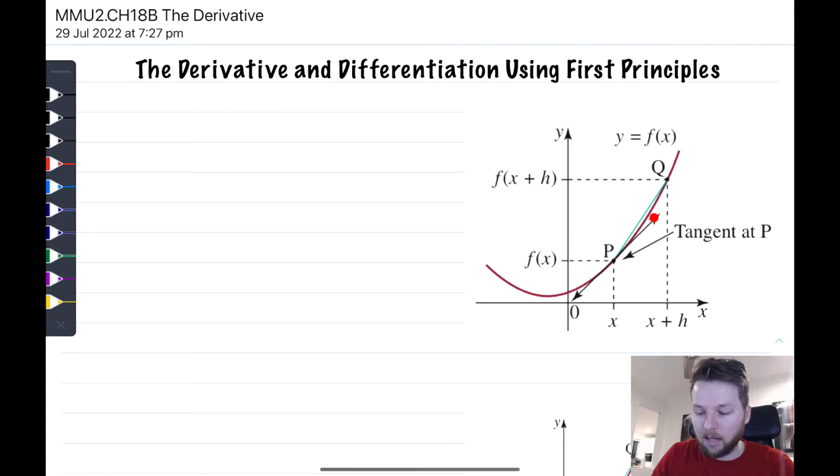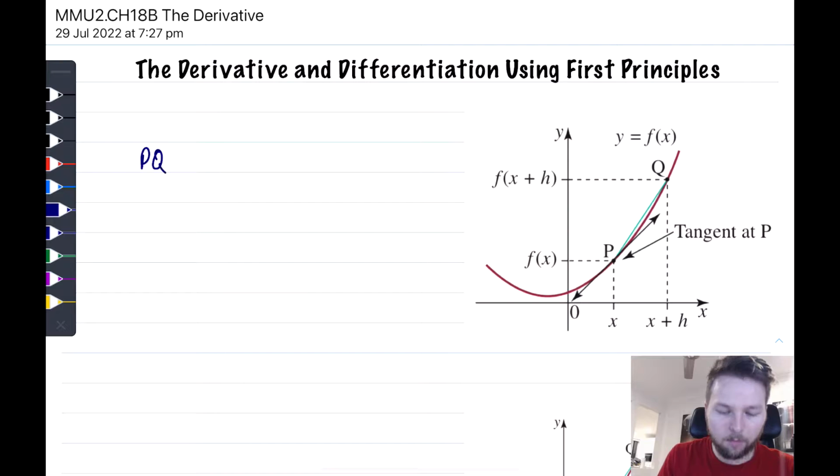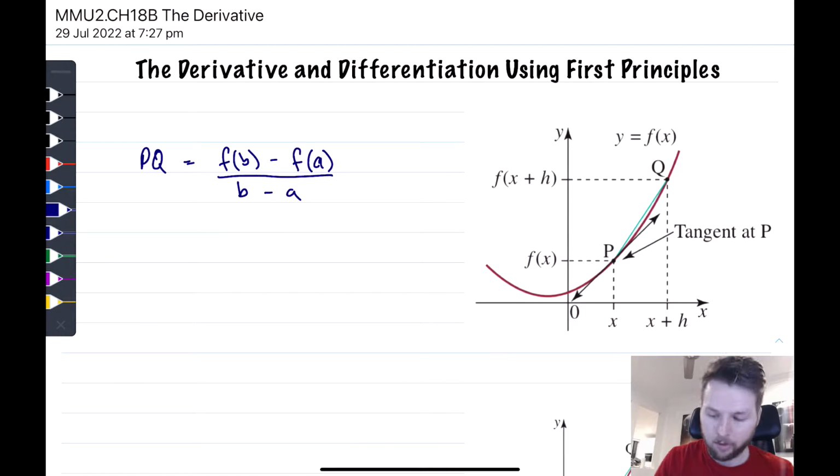The way we can do this, we did last lesson, we'll set it up again, is we can find the gradient PQ, and we're going to take the limit as h approaches 0. So that's going to be average rate of change first, f of b minus f of a divided by b minus a. That's our average rate of change function. I'm going to find the gradient of the secant first.